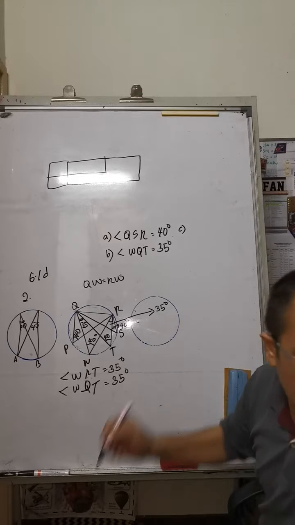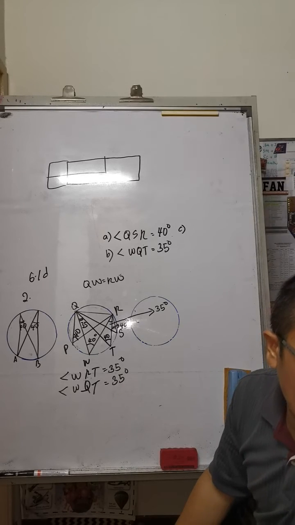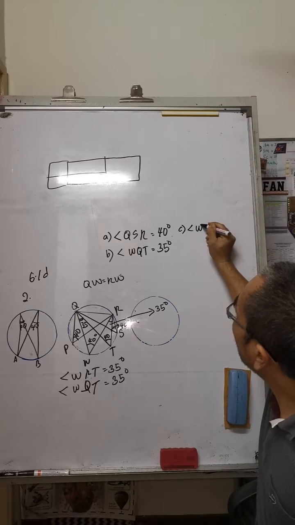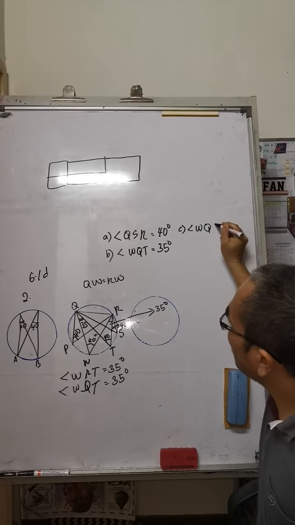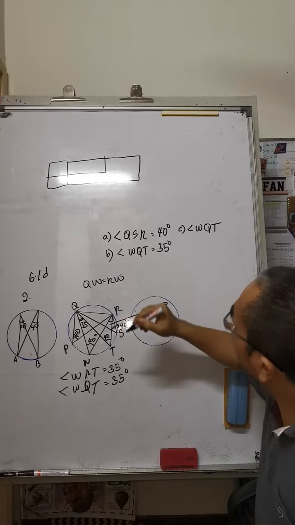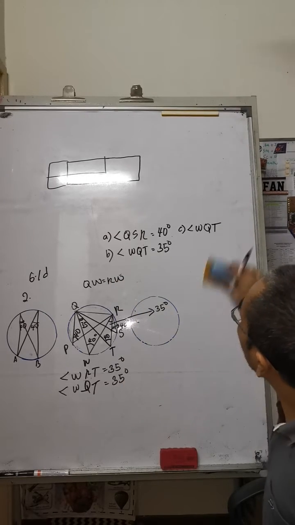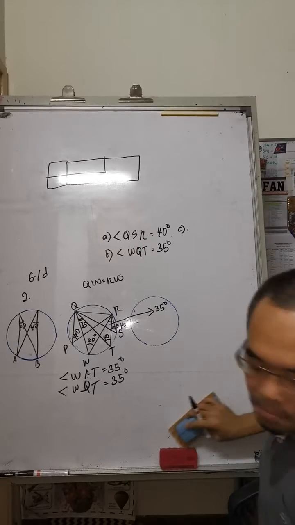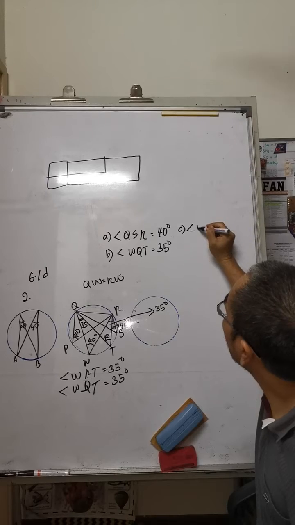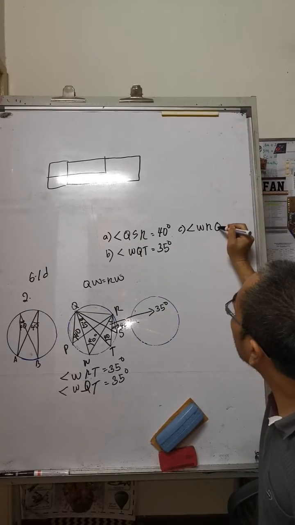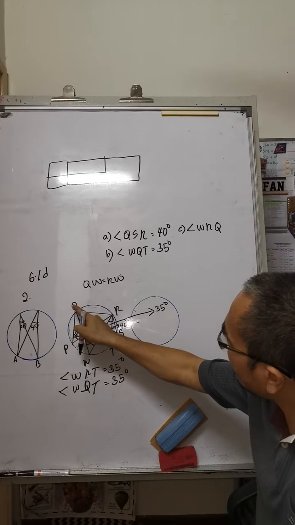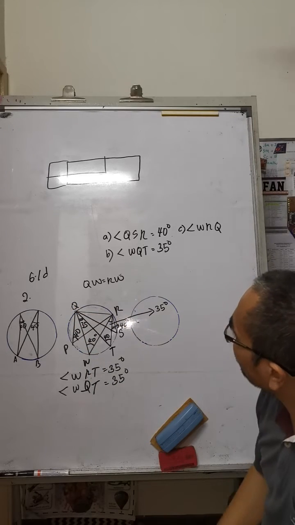And C, oh sorry, this is not C, this is B. C is what? Angle WRQ.